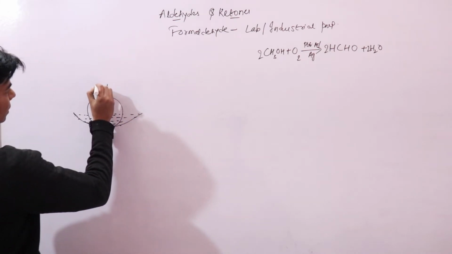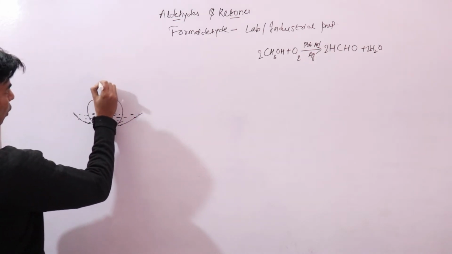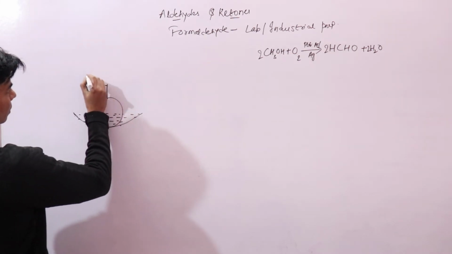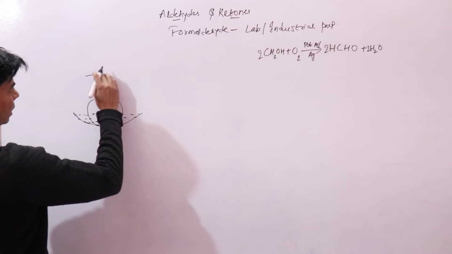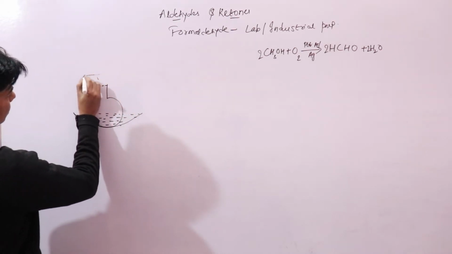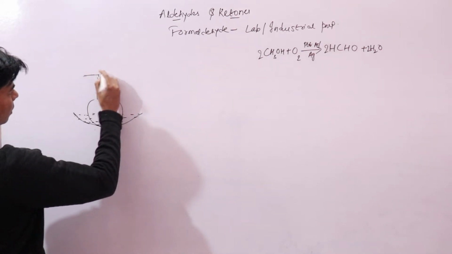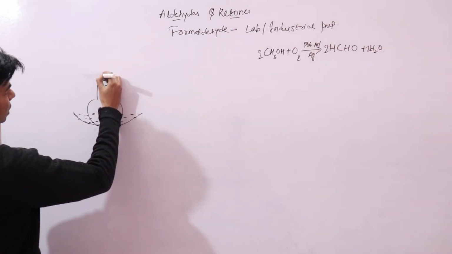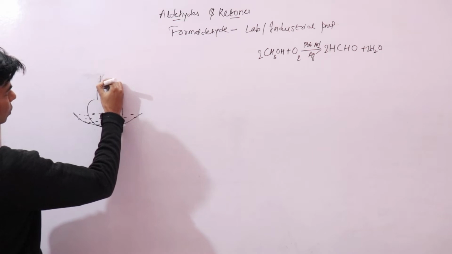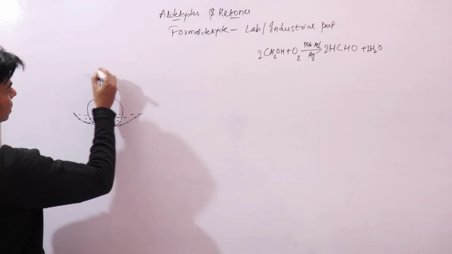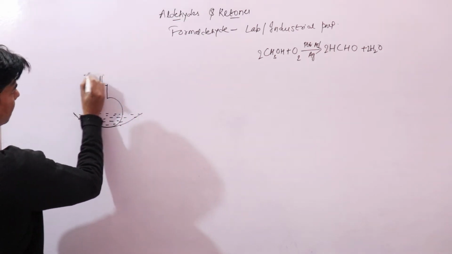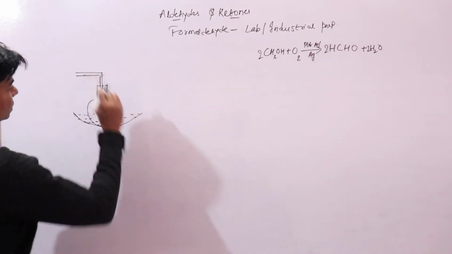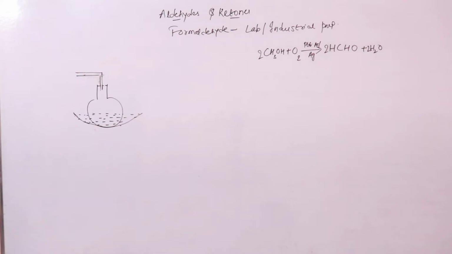And this round bottom flask has two openings, and through these two openings you can see there are two tubes bent at right angles.